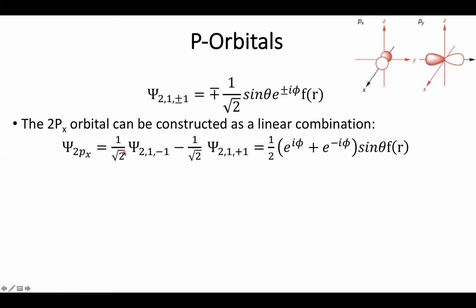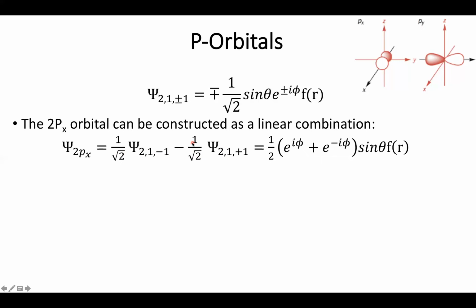Now, one thing to note is that I'm going to be subtracting these two. That turns out to be okay, because when we're talking about probability density, we're taking the square of the coefficients. And the square of negative 1 over square root of 2 is still 1/2. So it doesn't matter what the sign is in order to get 50% of one, 50% of another.